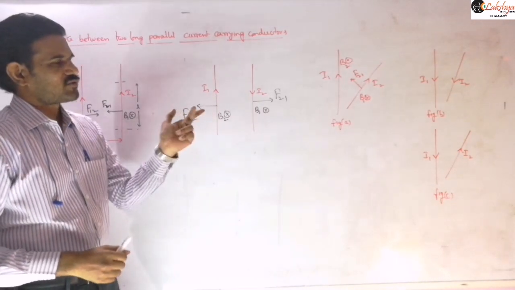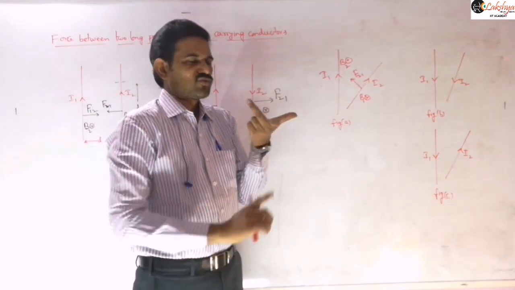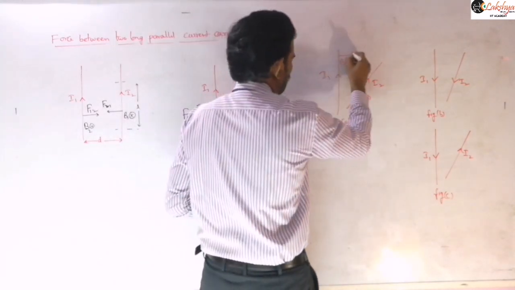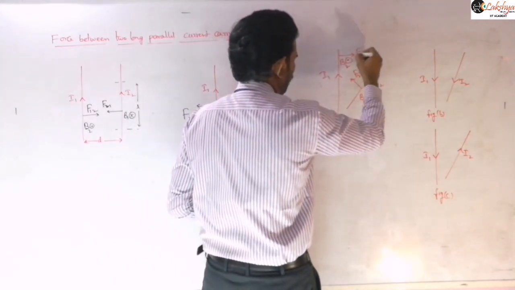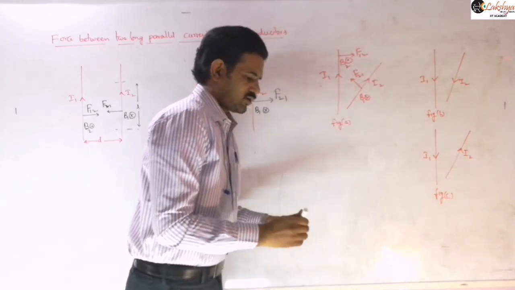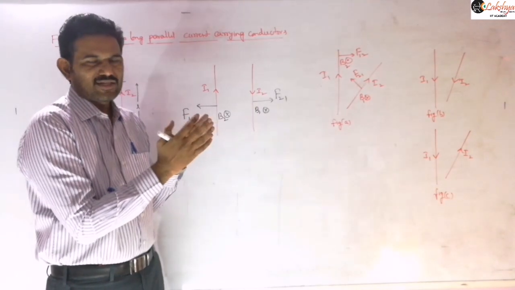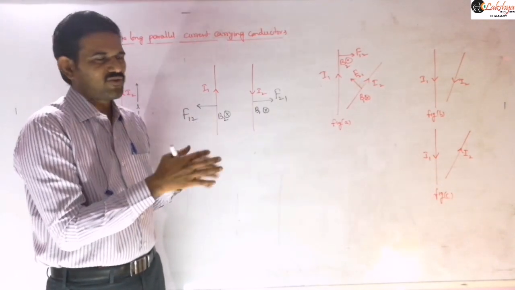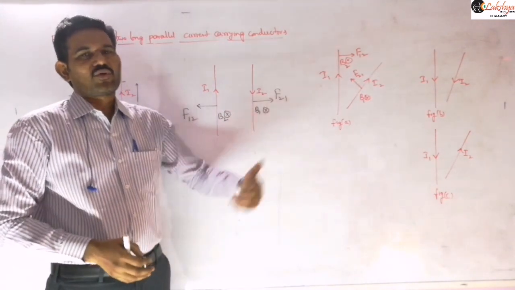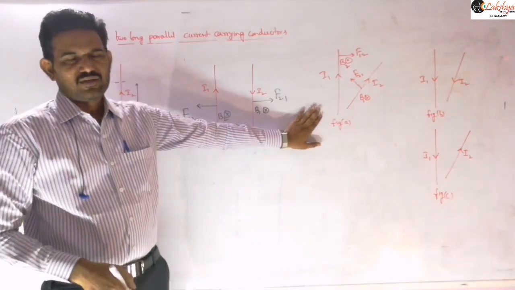The field is out of the plane and the current is flowing like this, so the force will be along this direction, F12, right? Because of these forces, if the conductors are free to move, they will approach each other. The distance between them is decreasing, so you can call that an attractive force. So in this case the force will be attractive, right?